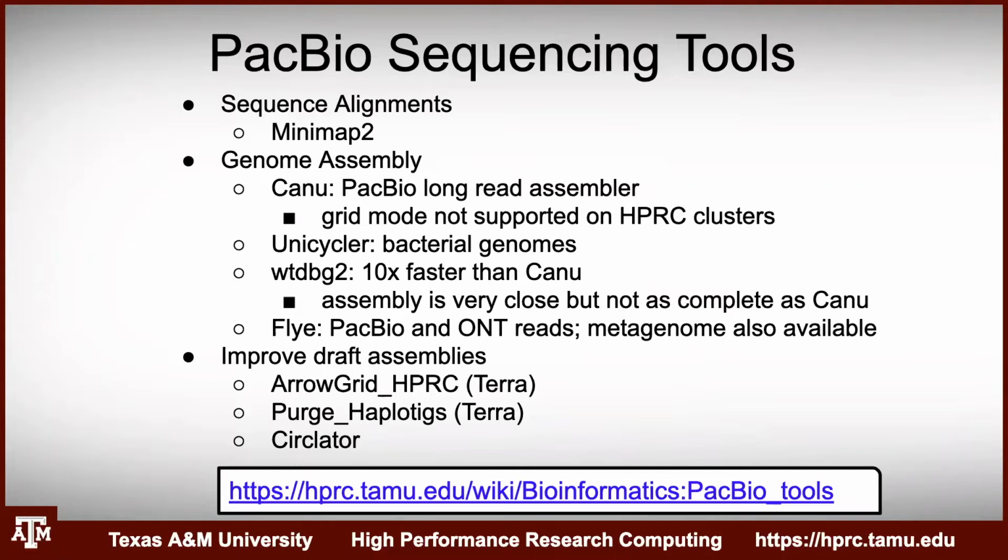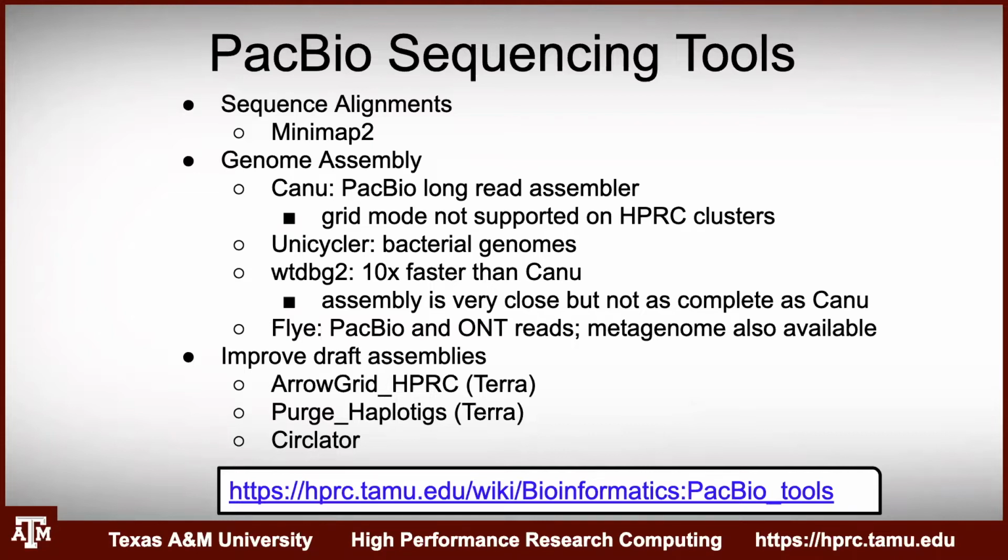For genome assembly, Canu is the tool that's put out there by PacBio, and so it's what a lot of people are using to produce genomes. We should note that the grid mode for Canu is not supported on the HPRC clusters because of our accounting system right now, but we can still do Canu assemblies on Grace.